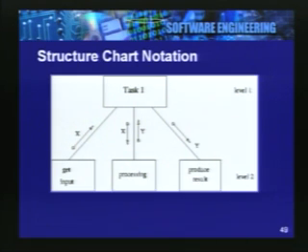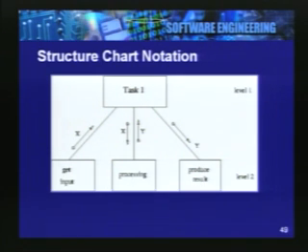These 3 modules have been named get input, processing and produce output. The lines which are connecting these modules represent the calls that the module task 1 makes to get input or processing in order to perform its own job.